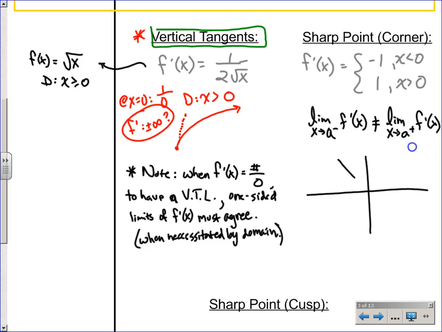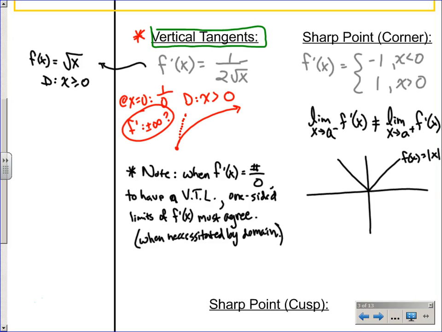And that's seen by the original function. The slope on one side is not the slope on the other, so therefore at 0 you have a DNE. Because remember, the derivative is defined to be a limit. So if the one-sided limits are not in agreement, the limit does not exist, the derivative does not exist.